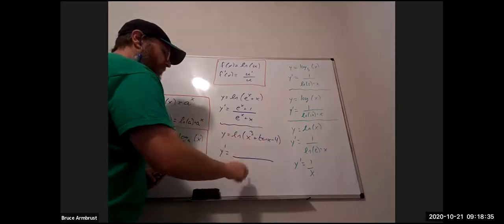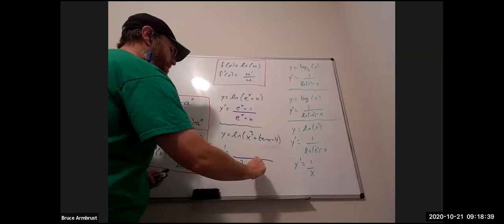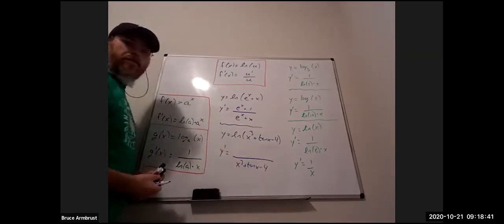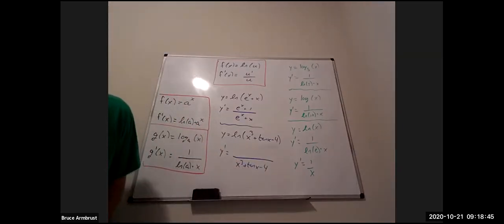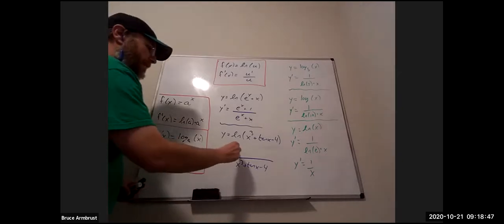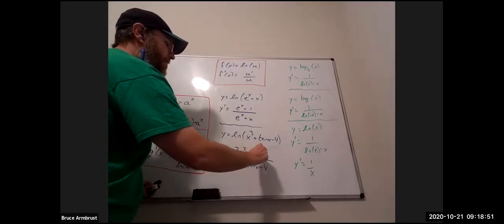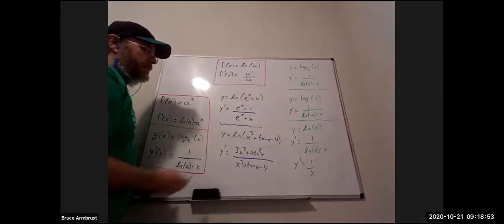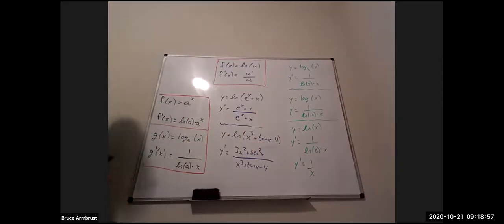Take that function, put it on the bottom. So x cubed plus tangent x minus 4. On the top, put the derivative. So we get 3x squared plus secant squared, the derivative of tangent, and minus 4 becomes 0.